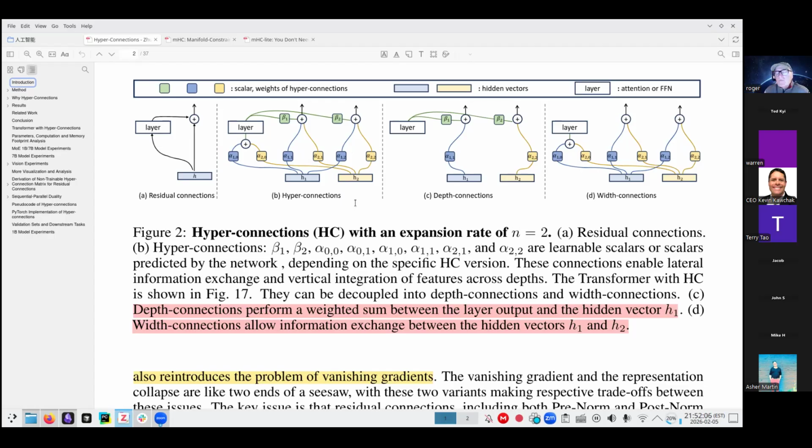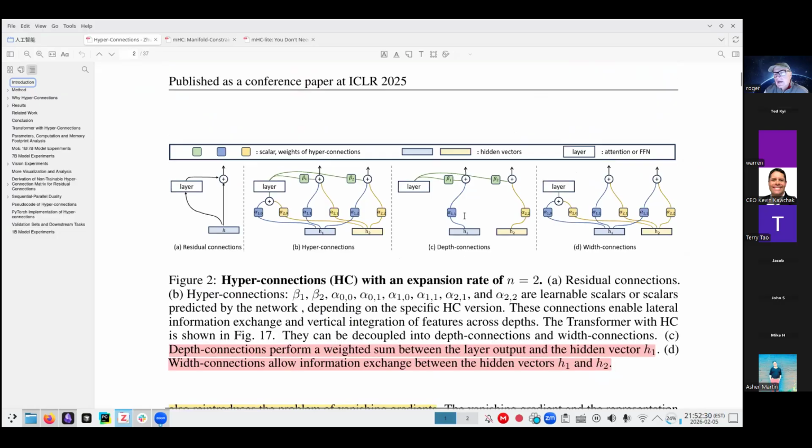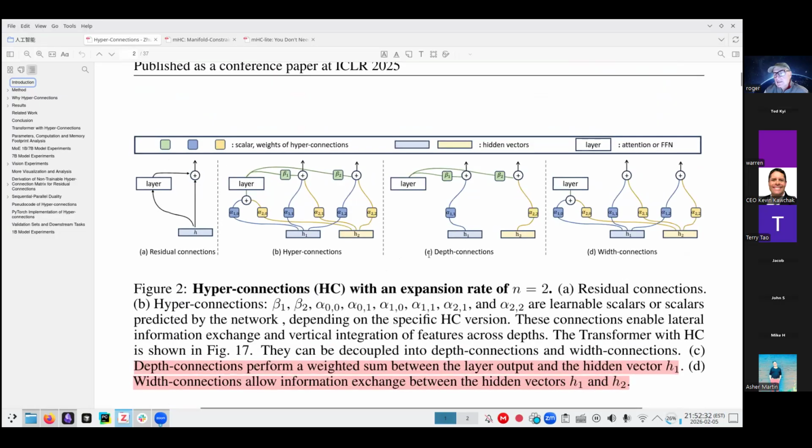This figure two is showing just two residual streams, not the general case of n, which could be four. For simplicity, with just two, it's easier to show scalars. The point is that the H vectors are not transformed, they're just scaled and summed.